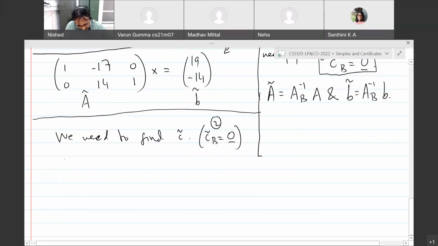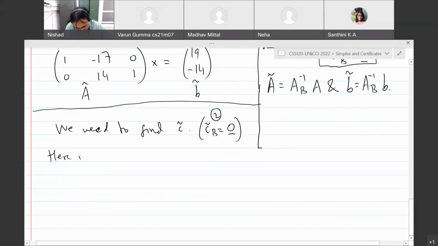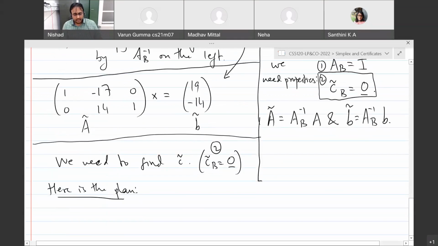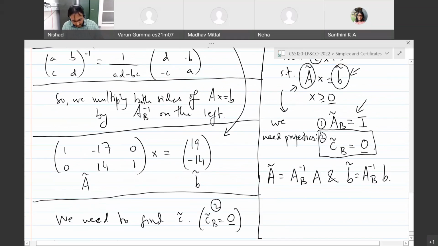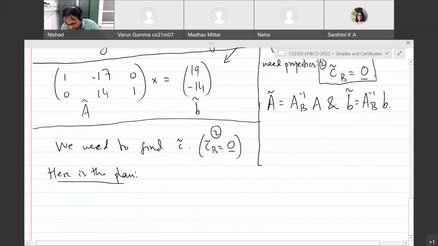So in particular, here is the plan. Let's multiply the first constraint. The constraints we had in the original LP were this, right? This was our Ax equal to b.